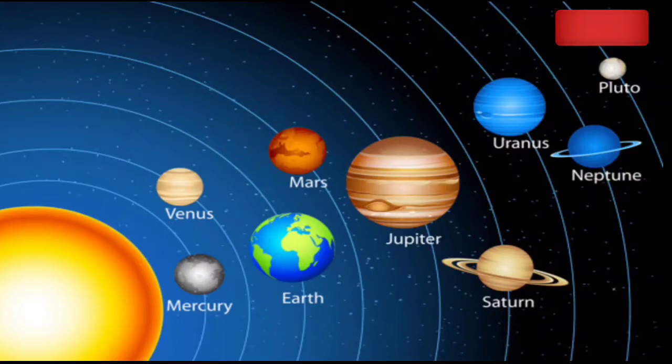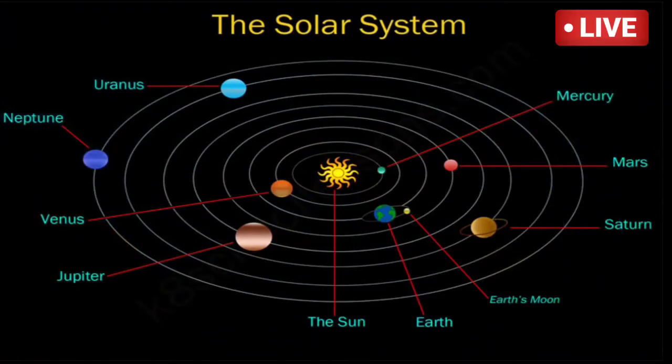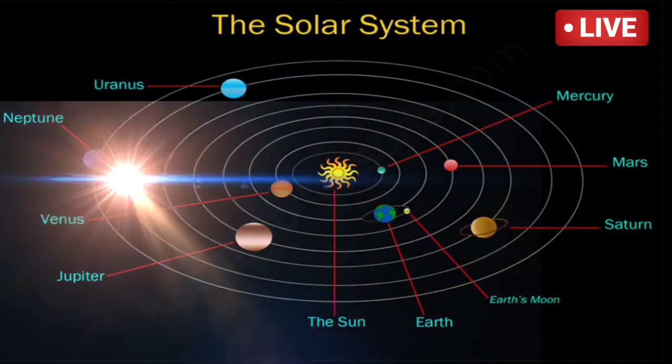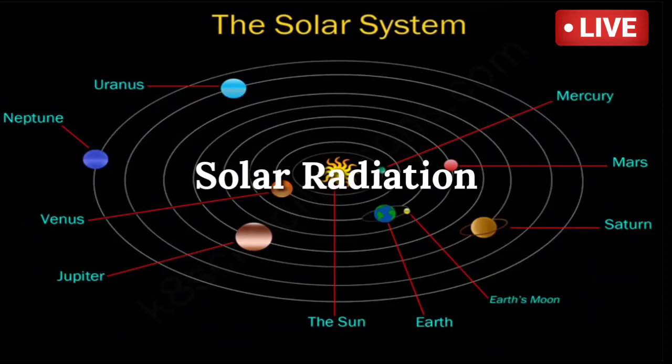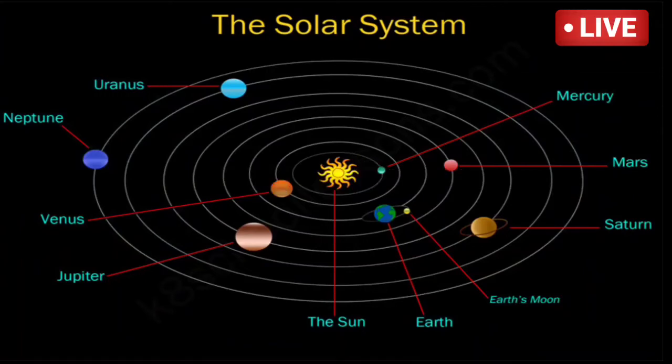So this energy which is constantly emitted by the sun is known as solar radiation. What is the meaning of solar radiation? The energy which is constantly emitted, meaning released, by the sun is known as solar radiation. You see, my dear children, here the sun is like a burning ball, right? So it is releasing energy, in the form of light and heat, constantly and without any change.